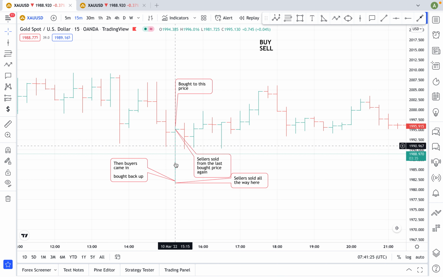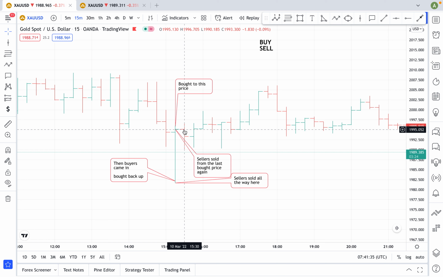You know, since the buyers started buying from here, they bought to this extent. Now sellers sold back a bit. Then the price closed here. And then they took another selling trade again, because they started buying up till this extent, then they sold back.